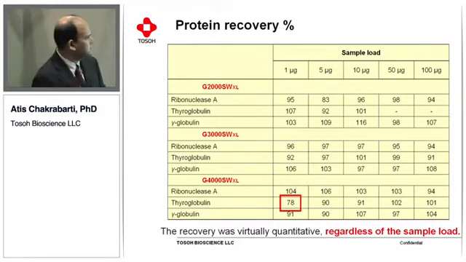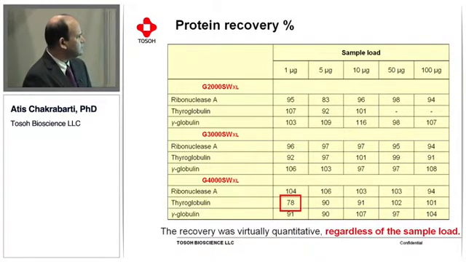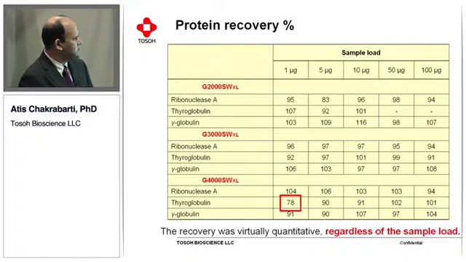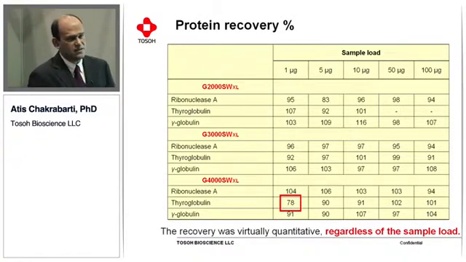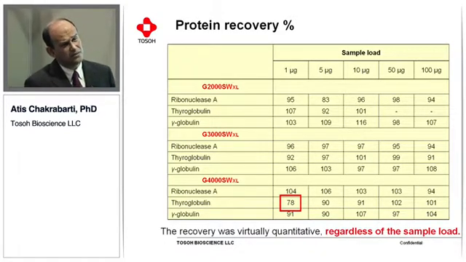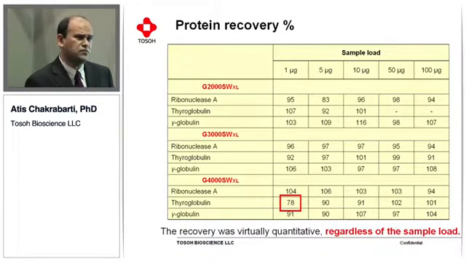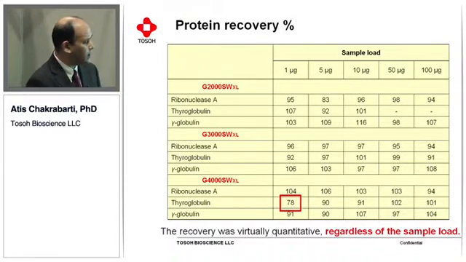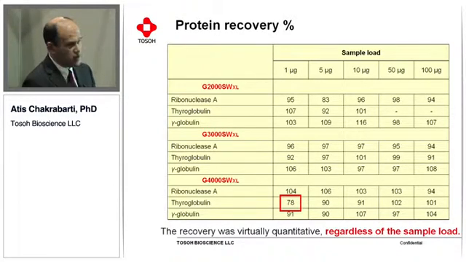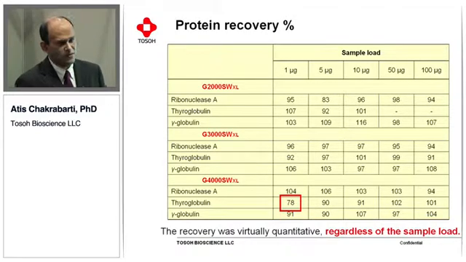We have used 3 different types of molecules here. As you see, thyroglobulin in this case is 78, which is low compared to the others, and the research shows that mostly it's protein specific, not really column specific. Otherwise, the recovery is very, very quantitative and very high.